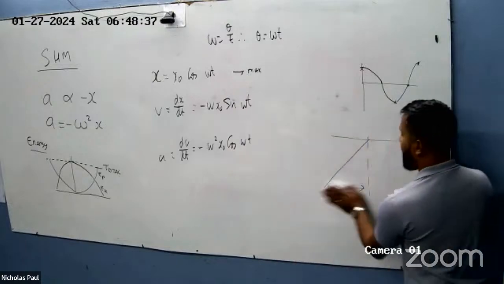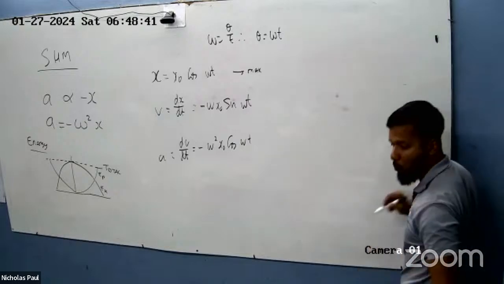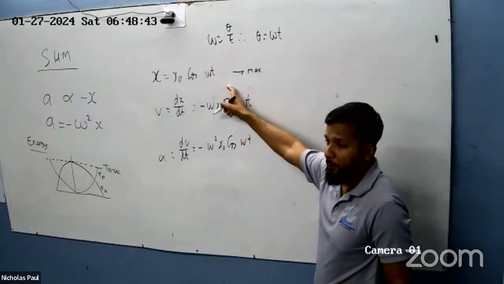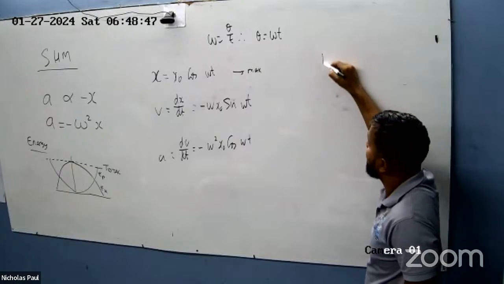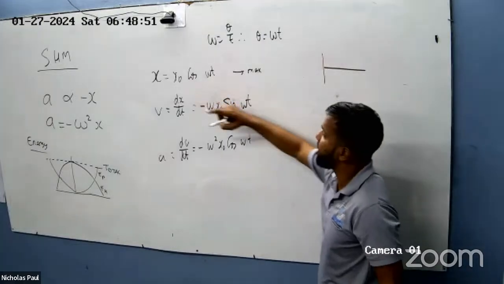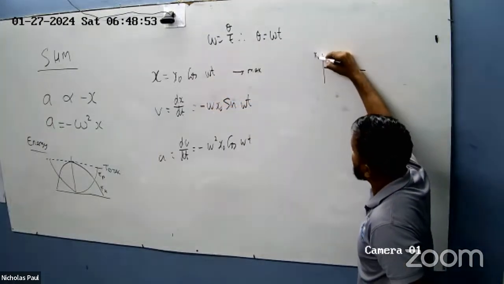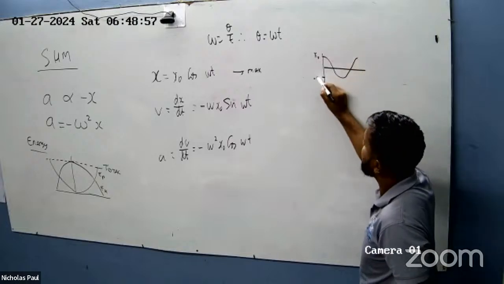Since we're on the graphs, can anybody help me sketch some graphs real fast? Can you help me sketch this graph? Starting from the origin. Cos. So you're starting from x naught and you're coming down here to minus x naught.